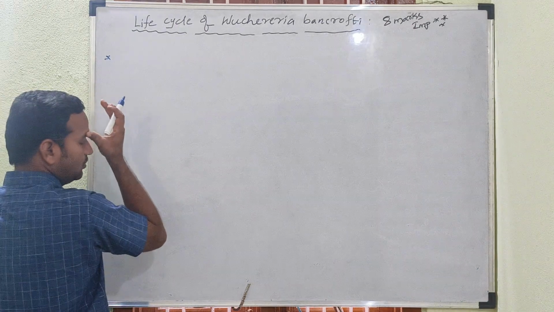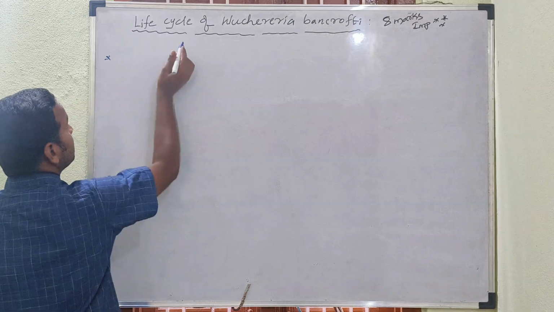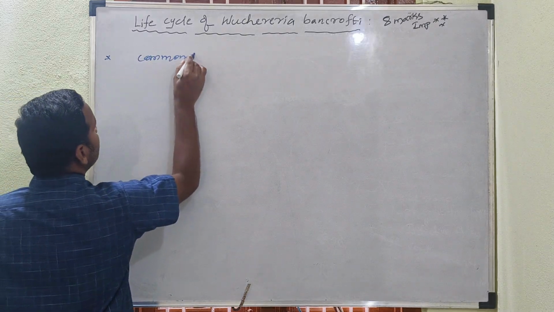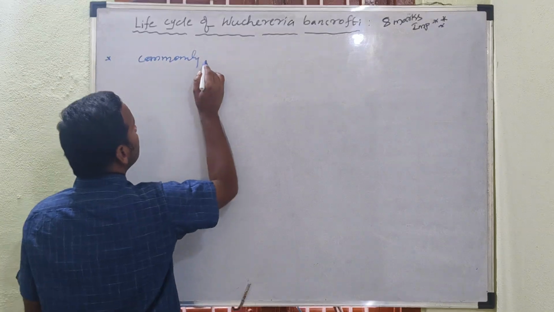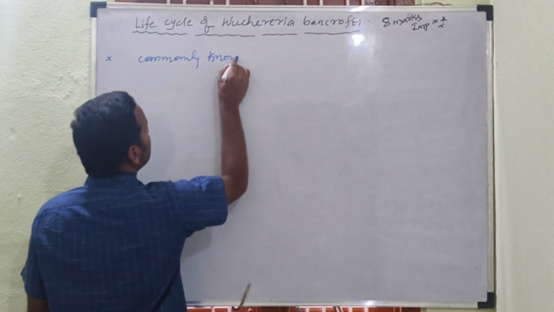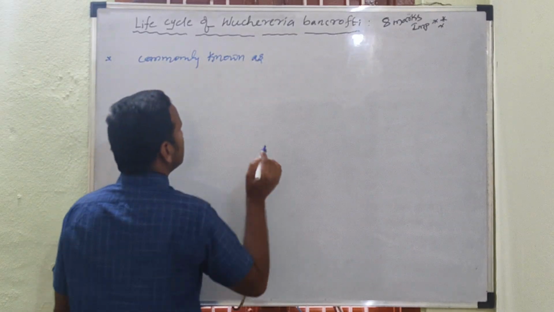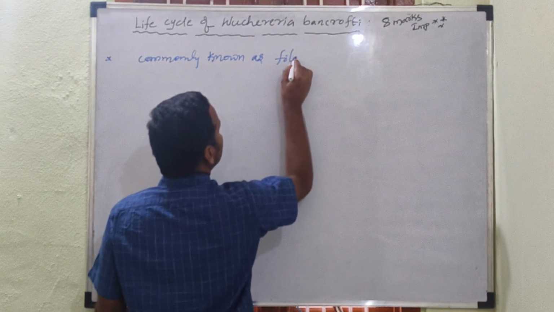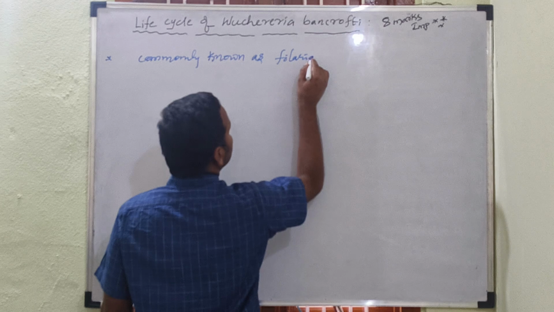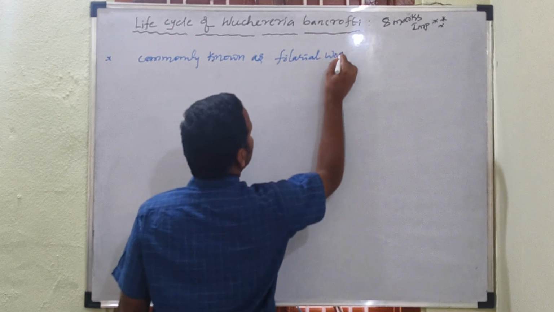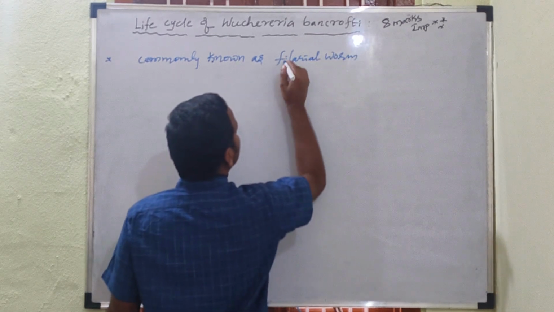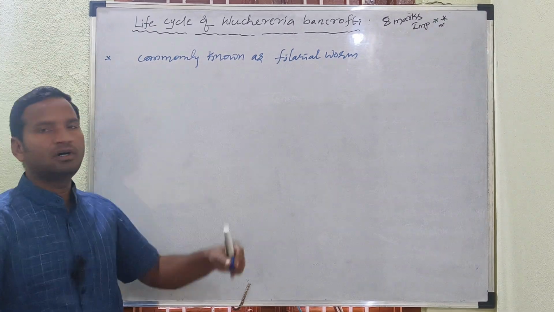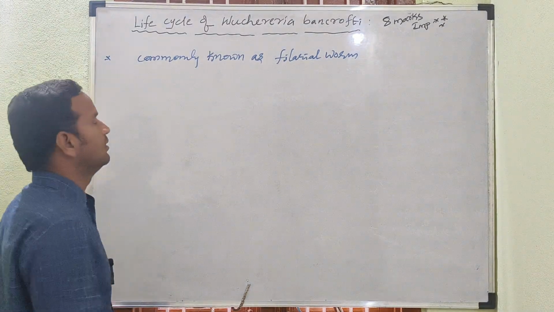Then the most important point: it is commonly known as filarial worm. This is the common name of Wuchereria bancrofti.